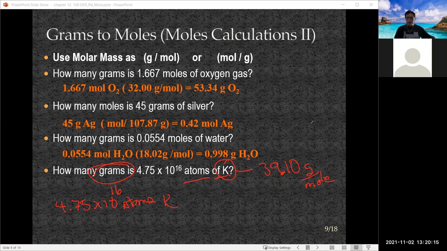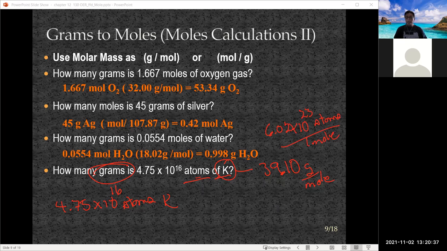Okay, so I have the atomic weight ready. I know Avogadro's number is 6.02 times 10 to the 23rd atoms, bananas, apples, oranges, whatever, per 1 mole. In this case, I put atoms because that's what we're working with.